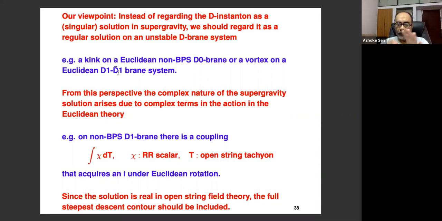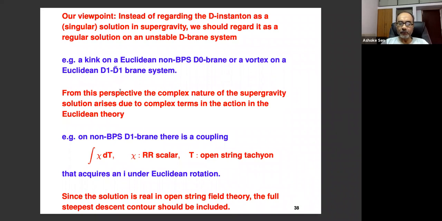So if you think of it from this viewpoint, you introduce additional open string degrees of freedom, but they don't really contribute at the perturbative level. Then you can describe these as regular real solutions of this open string field theory. It's not a complex solution.